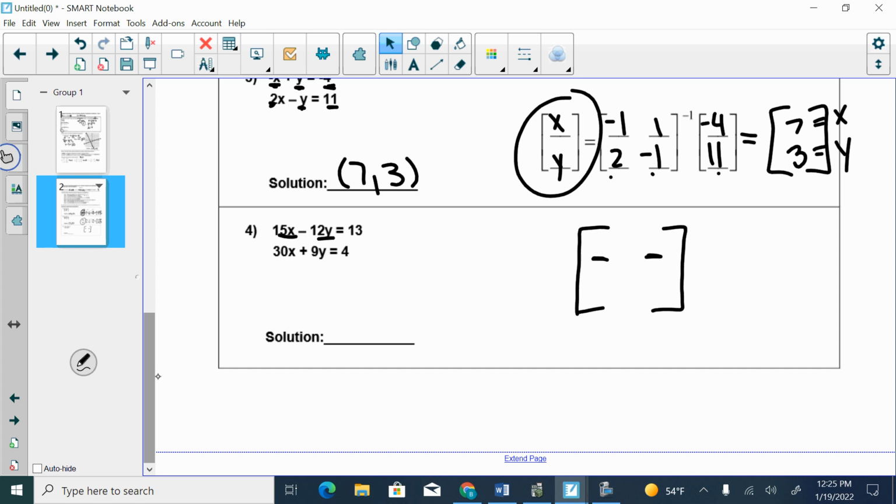So is it written as X, Y equals a number? Is that the order it's in? Okay. So what number is in front of X? Good. What number is in front of Y? Okay. Got my little -1 just like they drew. And what did they say that was equal to? 13. So I'm going to put that in a separate matrix just like they did.